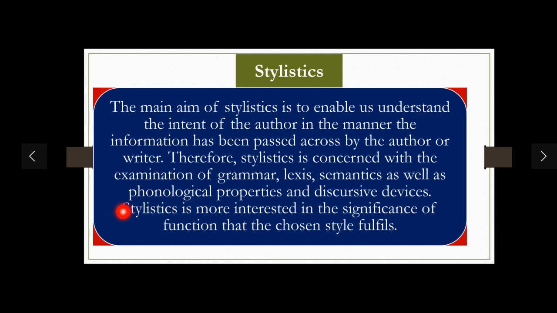That's why stylistics is more interested in the significance of function that the chosen style fulfills. What kind of function is fulfilled by the chosen style of an author or a writer?